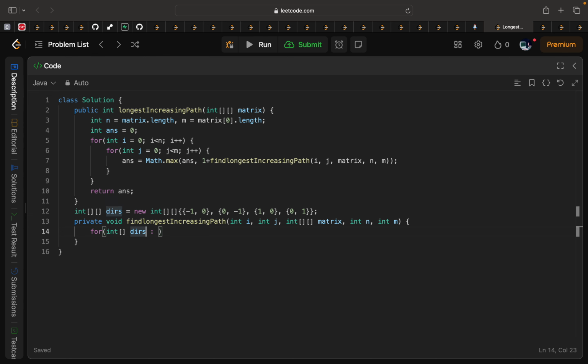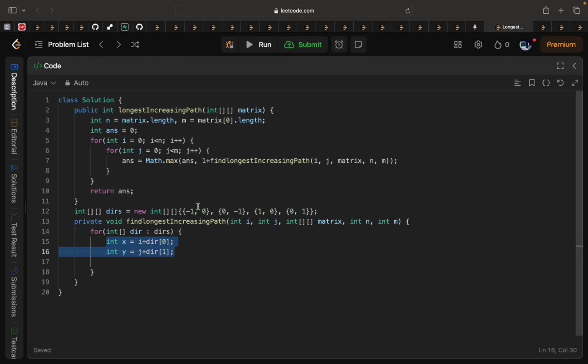So for our current direction in directions, x will be our adjacent row, i plus dir of 0, and y will be the adjacent column, j plus dir of 1. Okay, so we have found an adjacent cell.